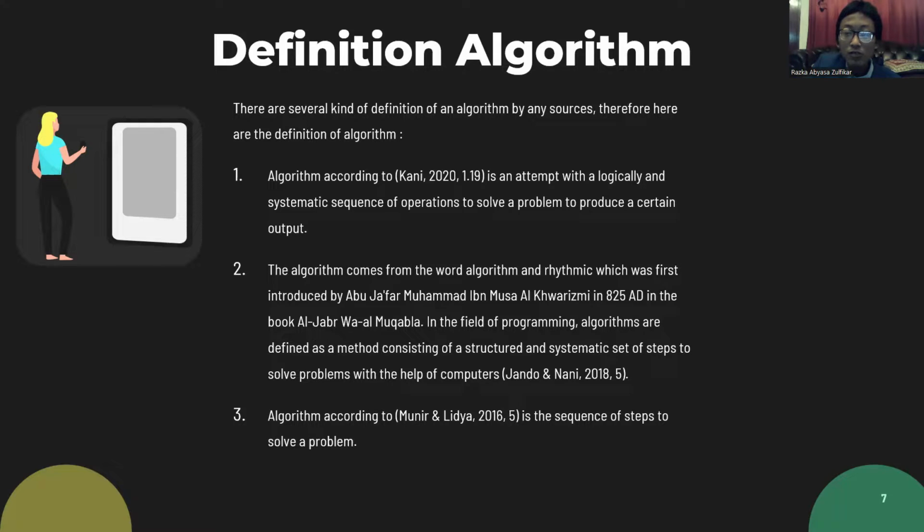In the field of programming, algorithms are defined as a method consisting of a structured and systematic set of steps to solve problems with the help of a computer, Jendo and Nani, 2018. And the last is algorithm according to Munir and Lydia, the sequence of steps to solve a problem.